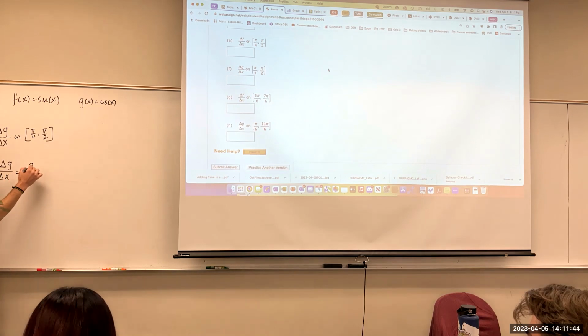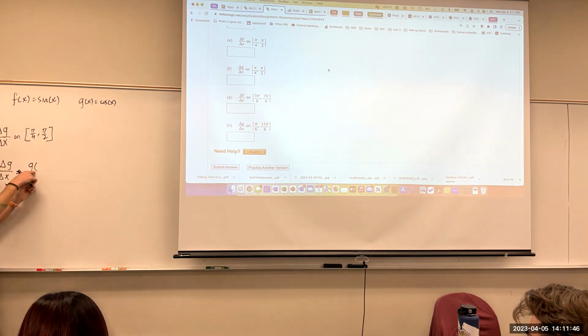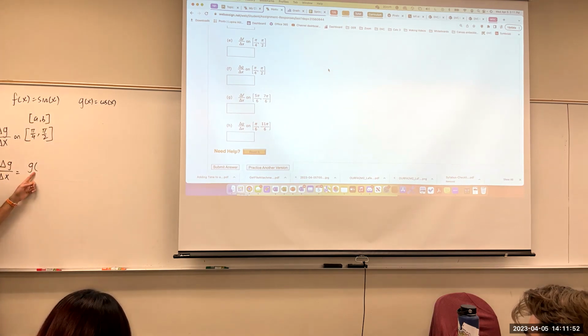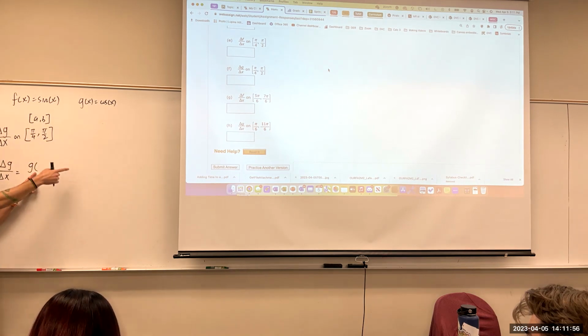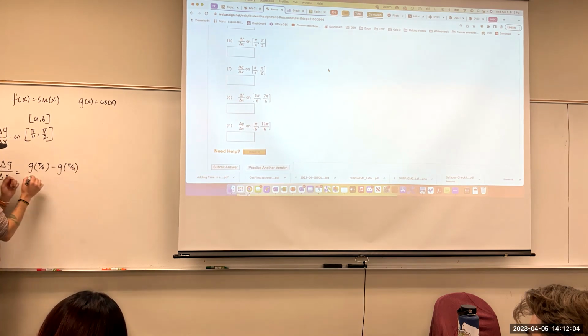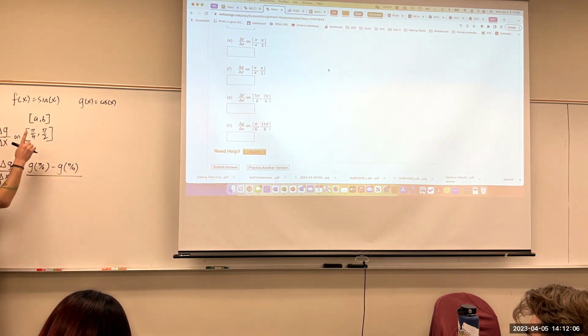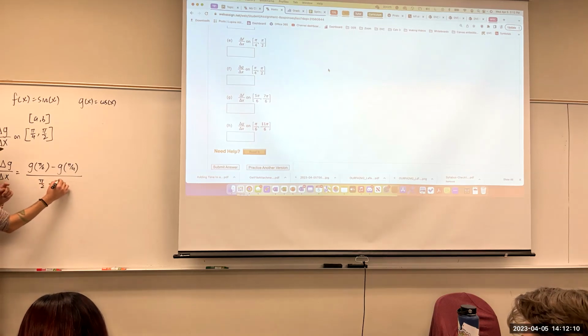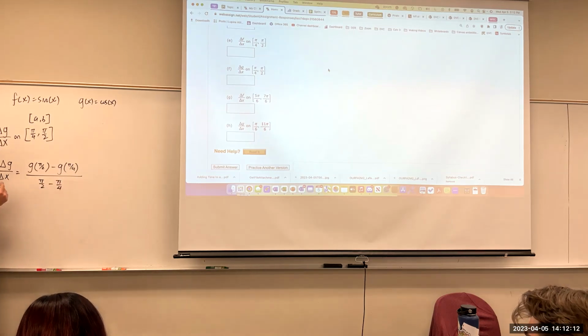Remember when we were doing the interval A to B with the average rate of change? You were doing G of B minus G of A. So here you would do G of pi over 2 minus G of pi over 4, over B minus A, which in this case is pi over 2 minus pi over 4.